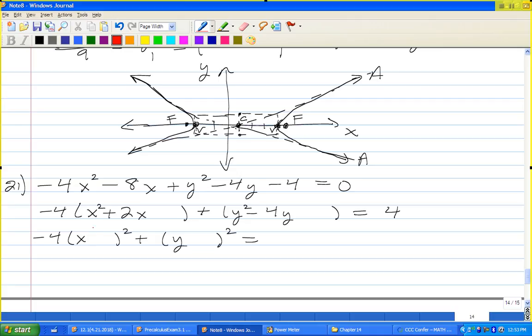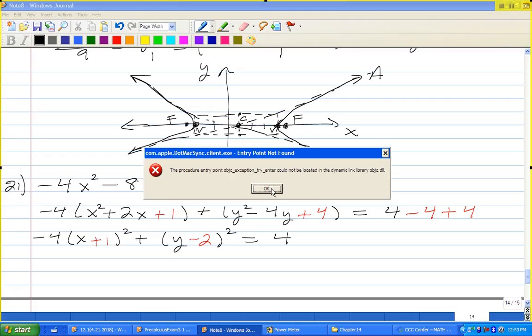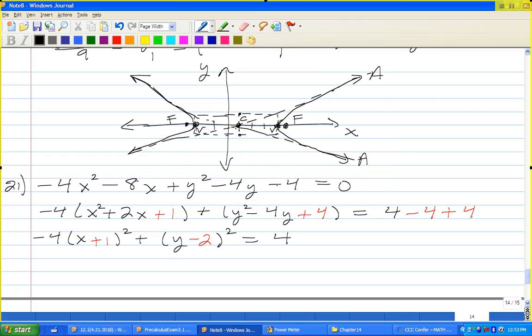Two divided by 2 is 1. 1 squared is 1 times negative 4 is negative 4. Negative 4 divided by 2 is negative 2 squared is 4 times 1 is 4. The 4's cancel, so that's just equal to 4.